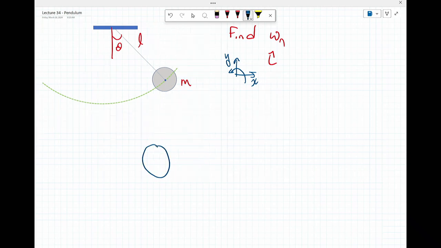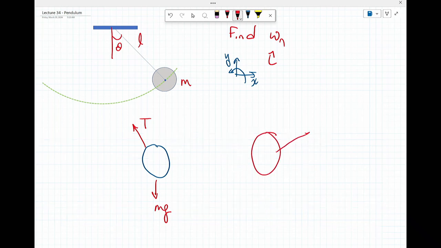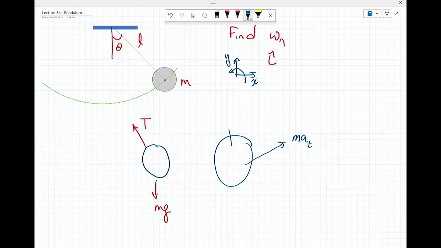So again, even though you're going to do something that looks a little bit different, you still are trying to write this in the same form.